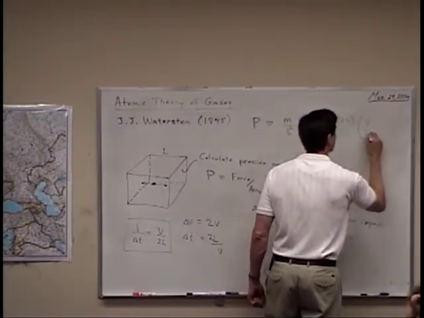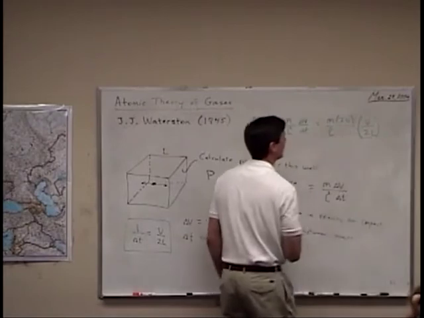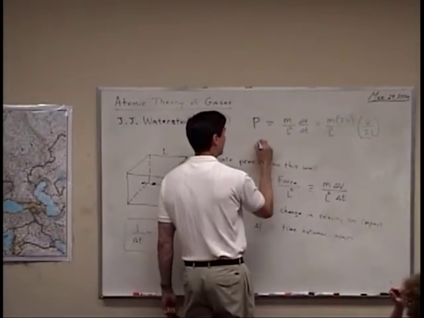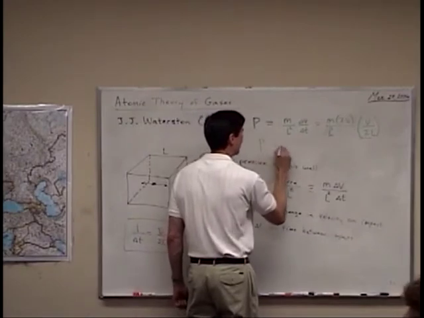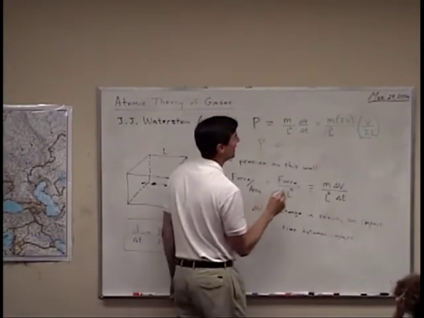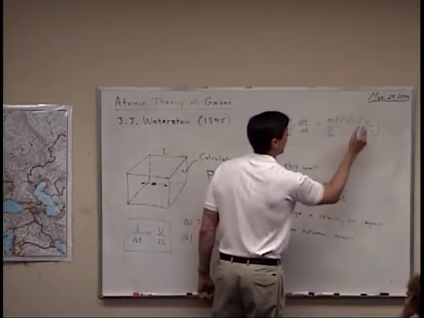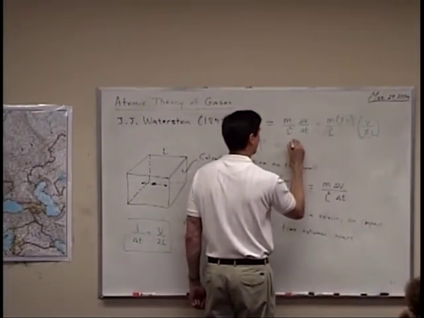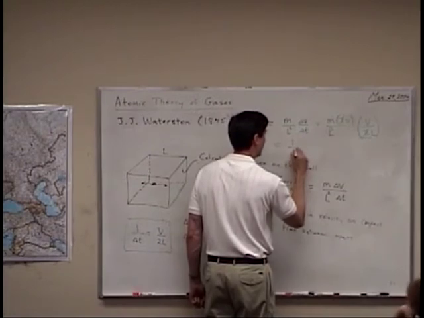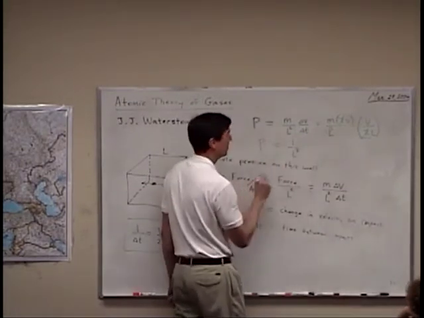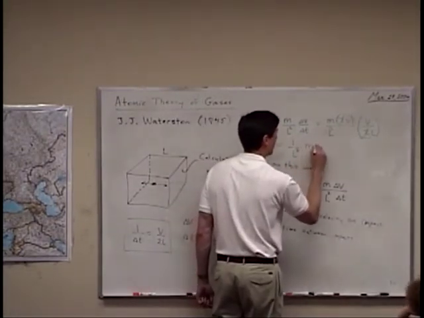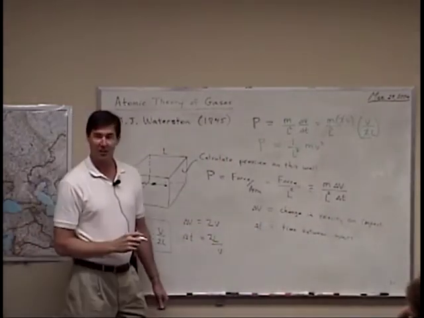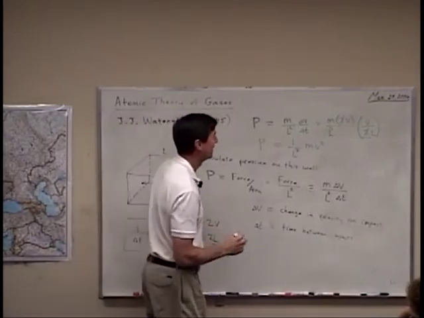All right, we can keep doing the algebra here. m equals 2v squared over, so we have 1 over, let me write it this way, L cubed. Everybody agree with that? Yep.